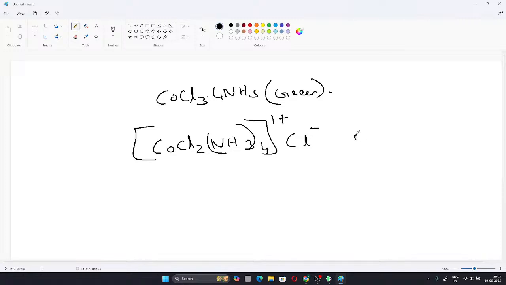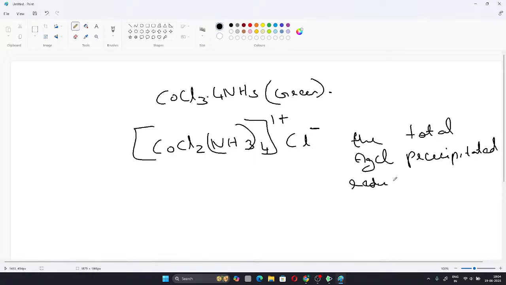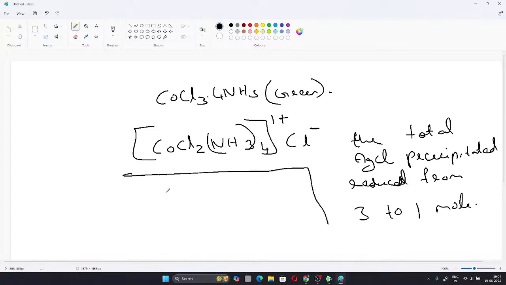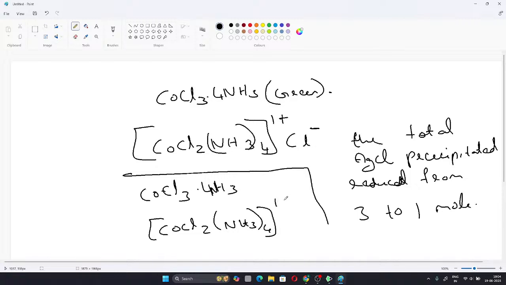With this, the total AgCl precipitated reduced from 3 to 1 mole. There is one more case where the solution with the same empirical formula is violet in color.